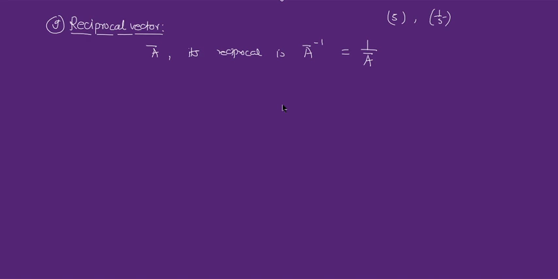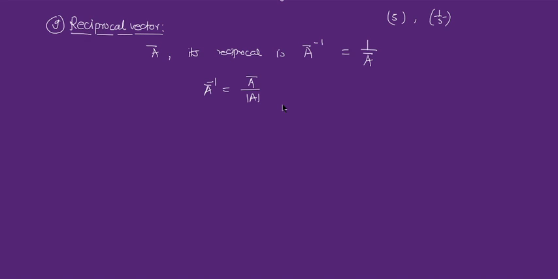And remember, here we can make a small change. This a bar inverse can also be written as the vector a bar divided by its magnitude.